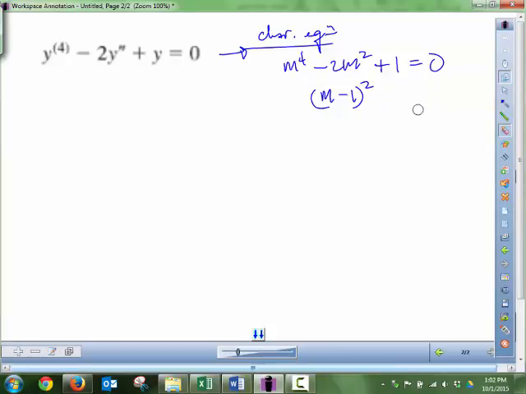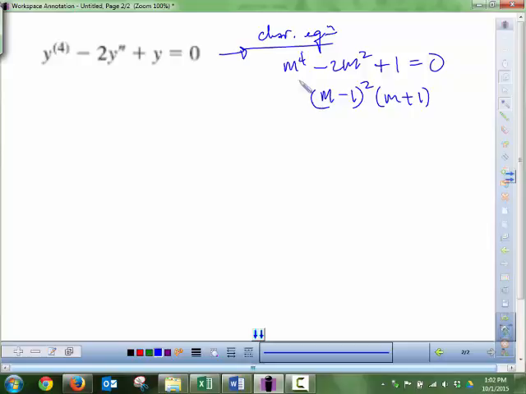Wait, do you guys agree with Nick, or should we? Was that right? So it'll be m squared minus 1.